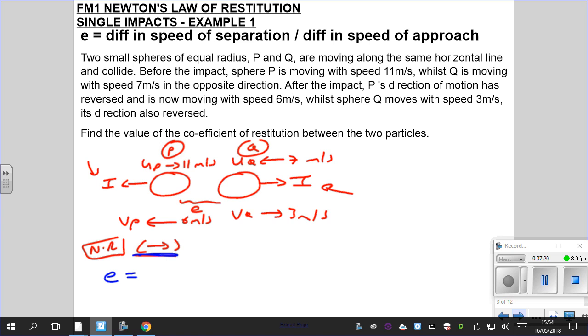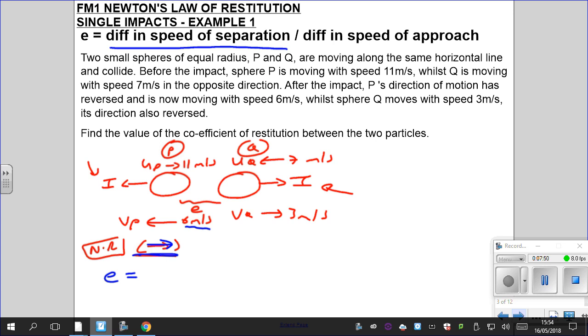So E is difference in speed of separation. Now this is absolute difference. There should never be any negatives in here. Everything is relative to the right. So even though this speed is bigger, it is going in the different direction to my positive direction. So think about it. If you want the absolute difference of something, it has to be the fastest thing minus the slowest thing in the direction that I've defined as positive.